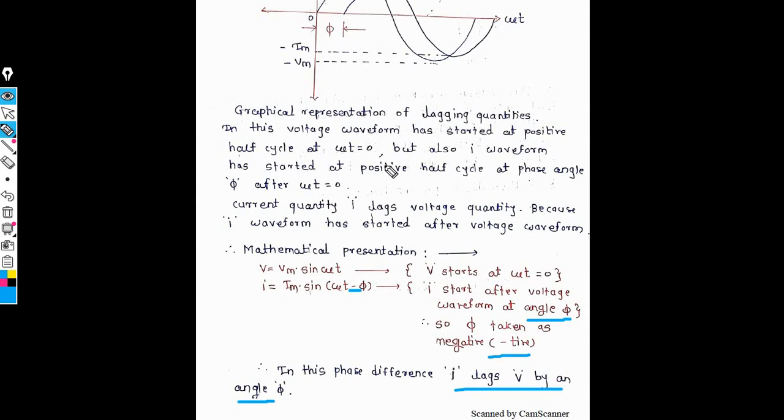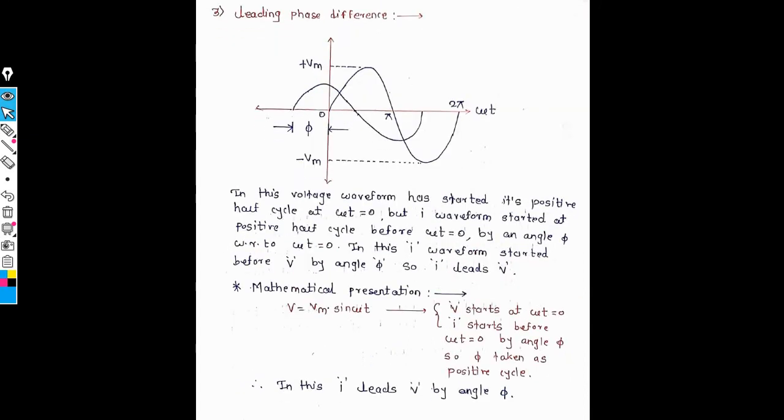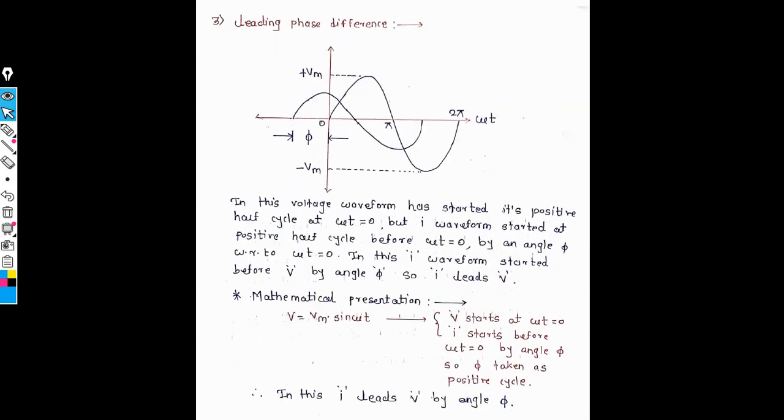The next point is leading phase difference, and here we also make a graphical representation of leading phase difference. This is the waveform of voltage and current, and we show two waveforms. This is the voltage waveform, this is the current waveform.